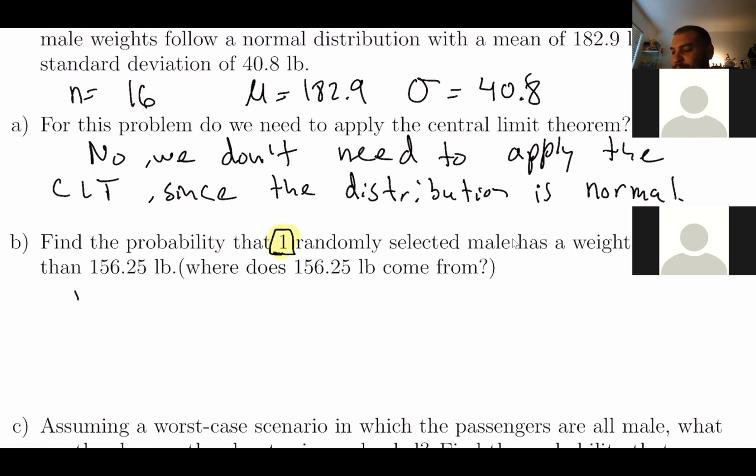So since I'm randomly selecting only one male, for part B, what's my n? 1. Good. And it doesn't matter since we're only sampling one person, because as long as our data set is normally distributed, we can continue and find this probability.